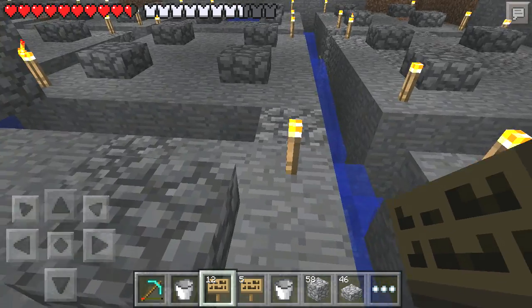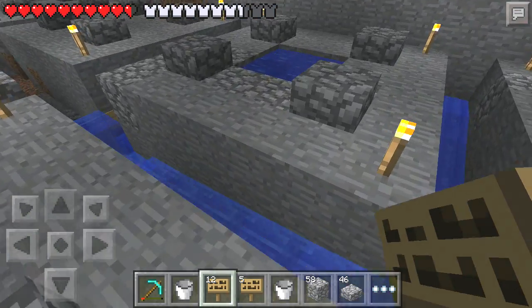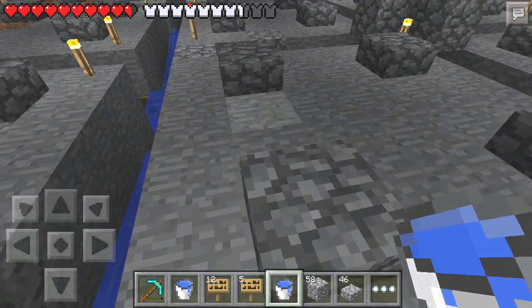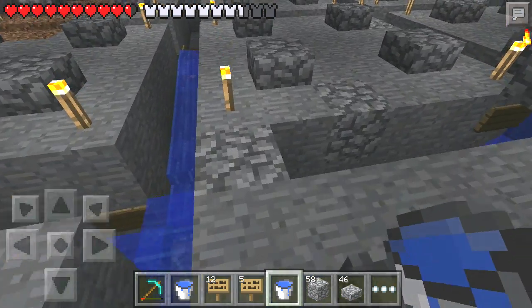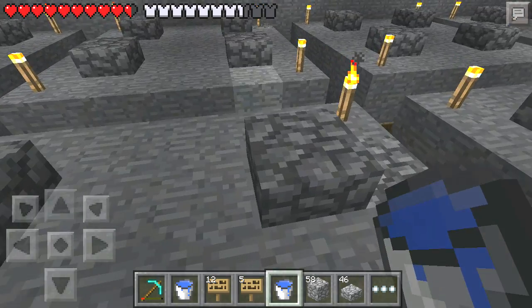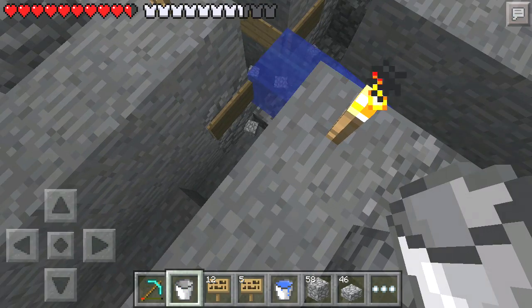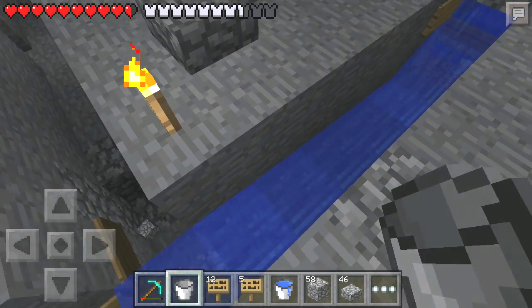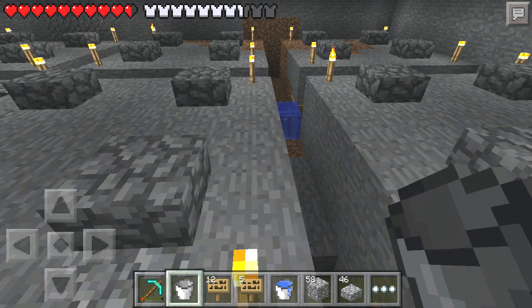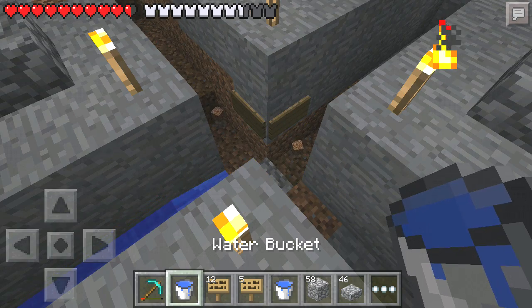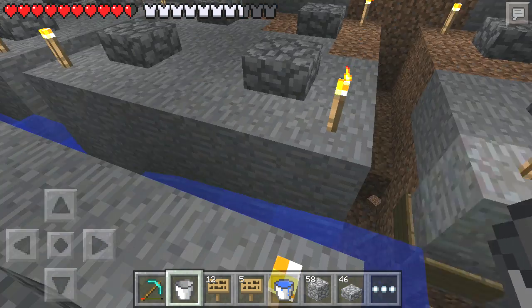So I'll go refill my buckets. And I will place a water block here. So now again, that's flowing towards the elevator. And I will just remove and replace that block.